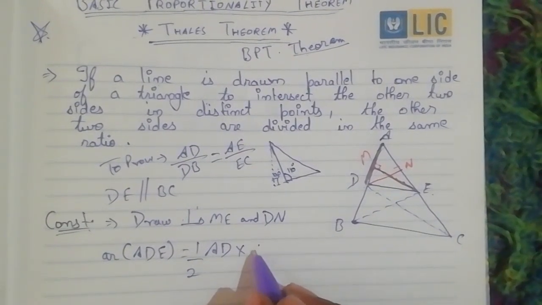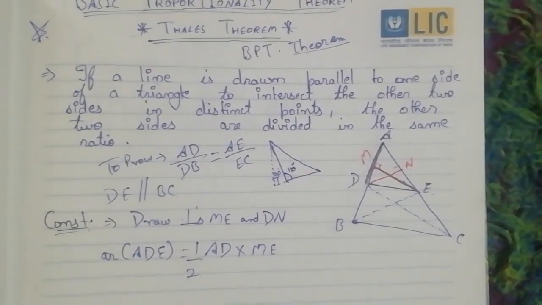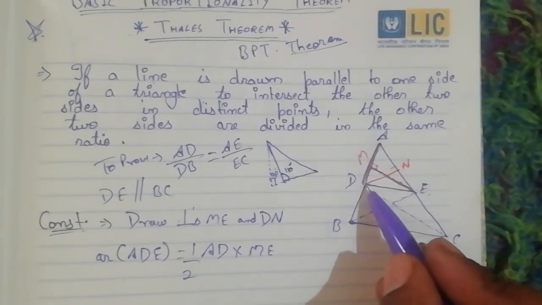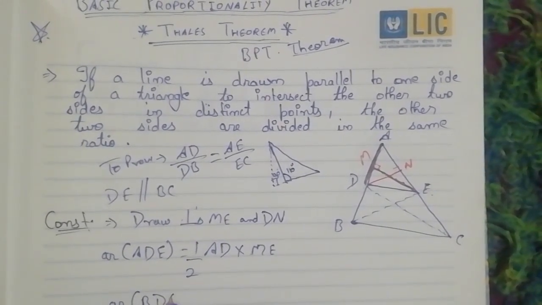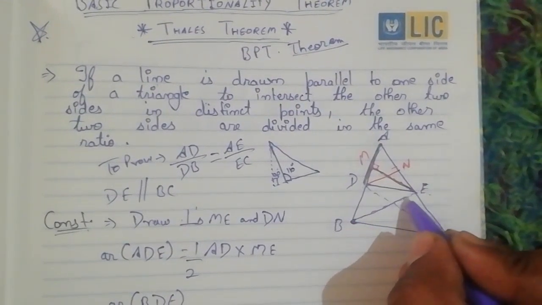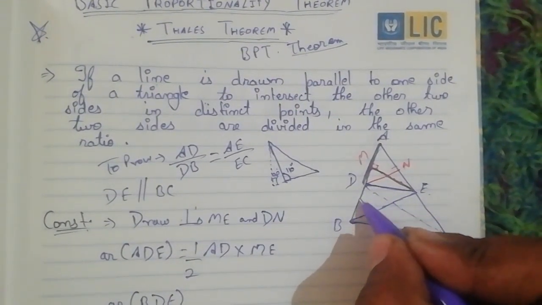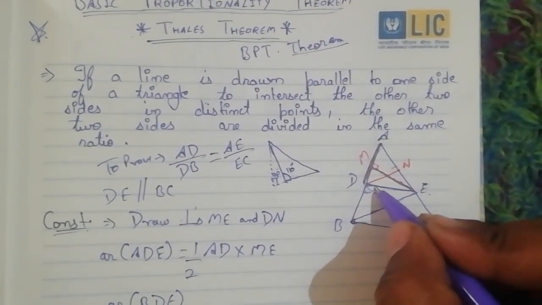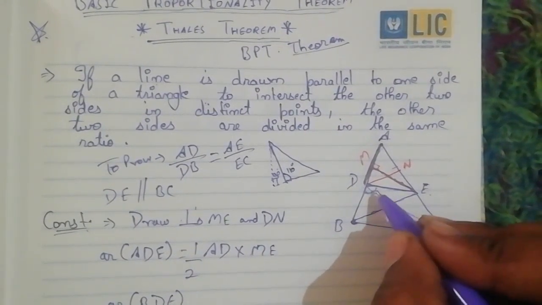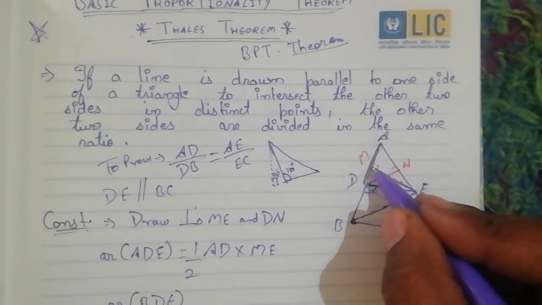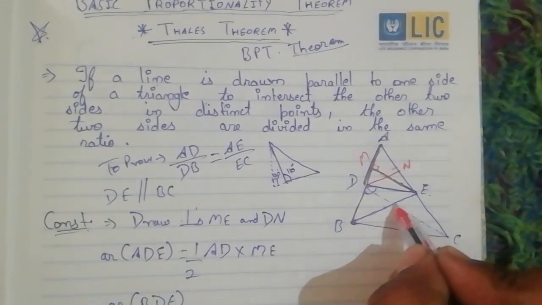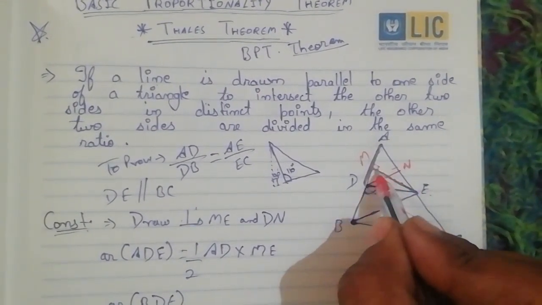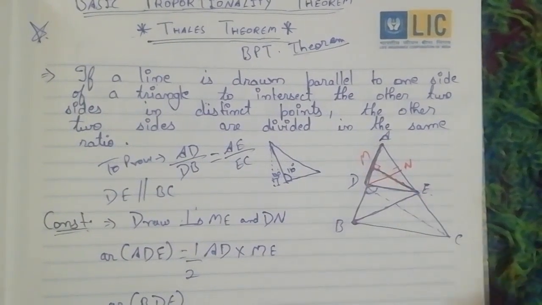Now if we write the triangle BDE, this is our triangle. This is an obtuse angled triangle, so its altitude will lie outside the triangle, meaning ME will be the altitude.